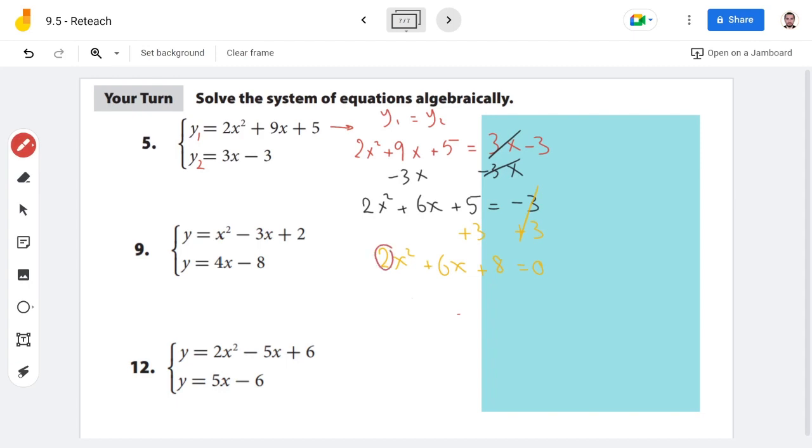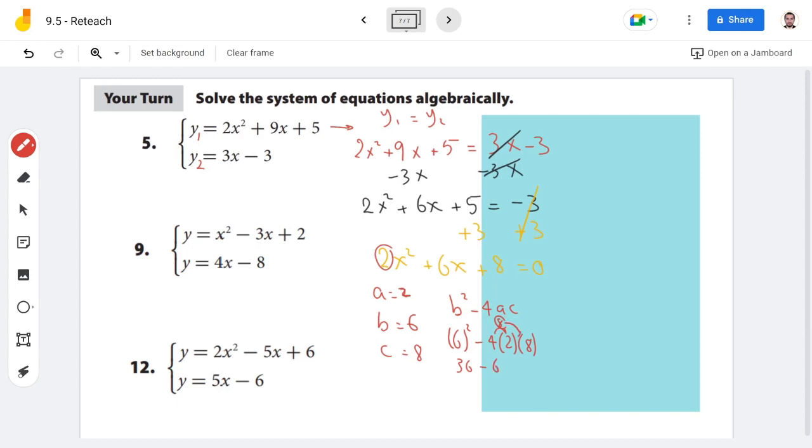A is 2, B is 6, C is 8. The discriminant is B squared minus 4 times A times C, so 6 squared minus 4 times 2 times 8.